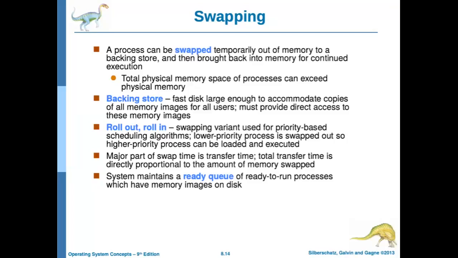That means temporarily taking the memory required by that process out to the backing store. That is called swap out. Whereas the process being brought back into memory for continued execution is called swap in.